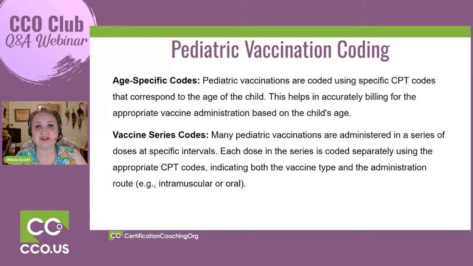So if you have a child that has to have their MMR at a specific age, then that's what you're narrowing down on, and that's why you're using that specific code. And then you have sometimes where a child isn't given the vaccination at the right time. That also makes a difference. The vaccine series codes are administered as a series and at specific intervals.